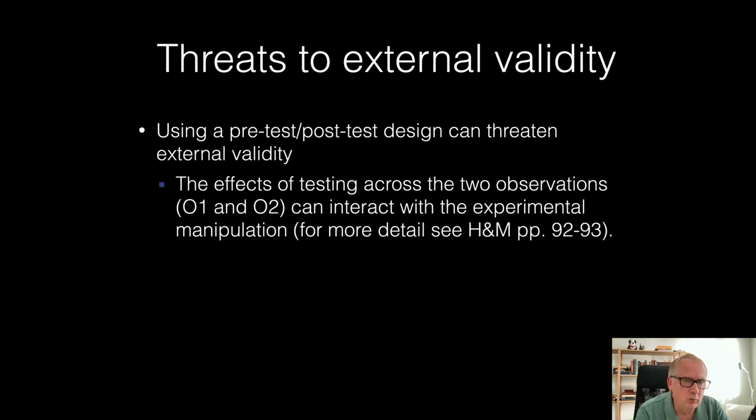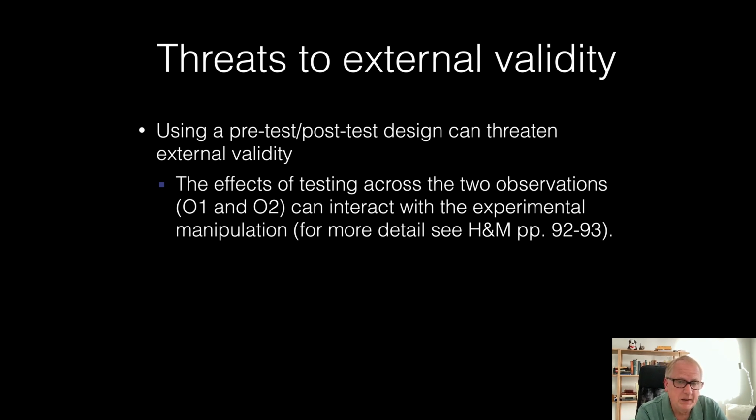Knowing that you're going to be tested one time and then being tested again a second time isn't something that happens normally in everyday life. That is, knowing that I was tested the first time and then I'm going to go through this manipulation, then they're going to go ahead and measure me again, could interact with whatever the effects are of my experimental study.